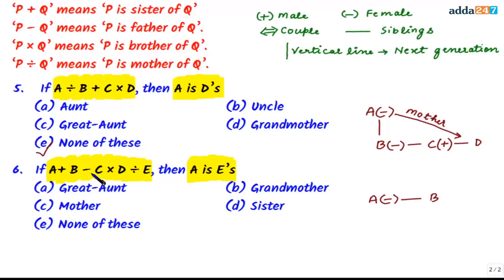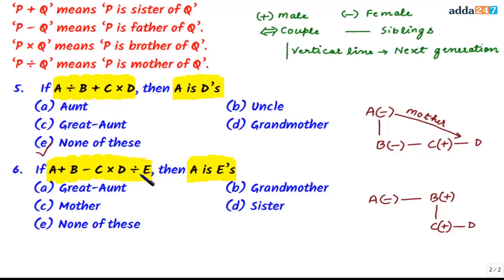B minus C, that means B is father of C. So if B is father of C, that means definitely B is male and father of C. Then we have C cross D, which means C is the brother of D. So C is definitely male and C and D are siblings.